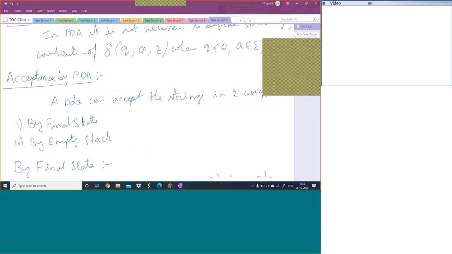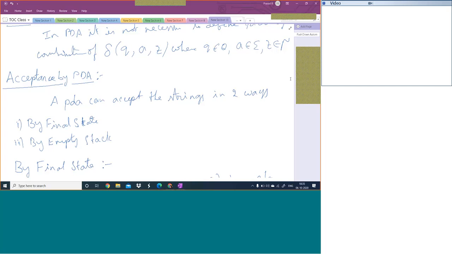Now take the heading: acceptance by PDA. A PDA can accept strings in two ways.